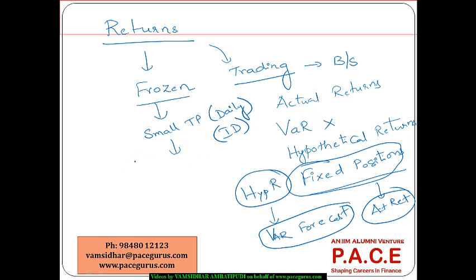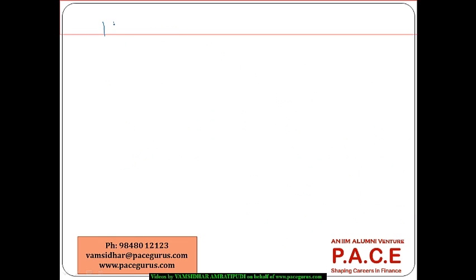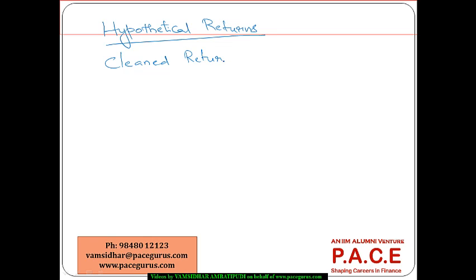So that is one thing we have to understand. We will use the hypothetical returns for the comparison purpose. We will not use the actual returns. Or in some cases, there is even a mechanism called cleaned returns. When I use the word cleaned returns, it is nothing but actual return minus all the non-mark-to-market items.